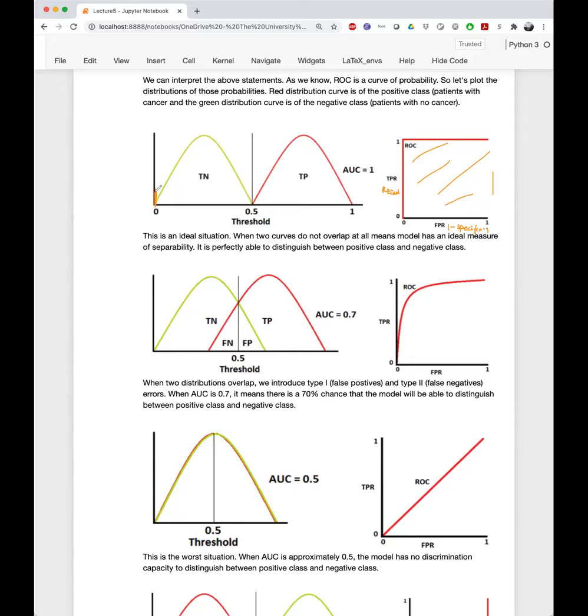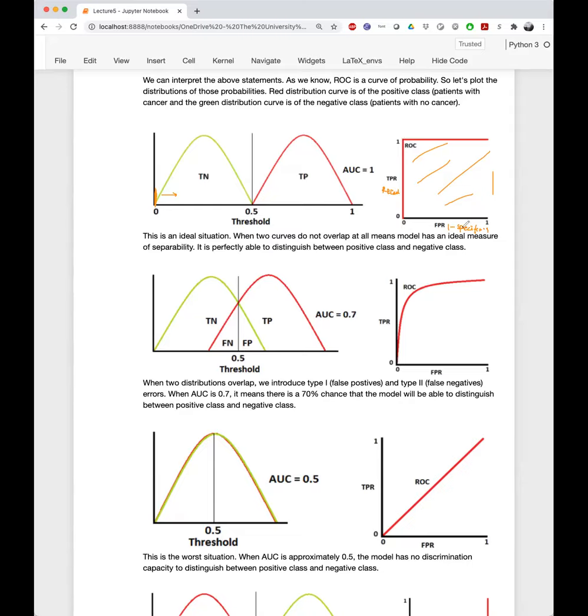So if the threshold is here, what is the recall? That means the proportion of the positive cases that are captured. If the threshold is here, everything to the right of the threshold will be predicted as positive. So we actually captured all of the positive cases here. So TPR will be 1.